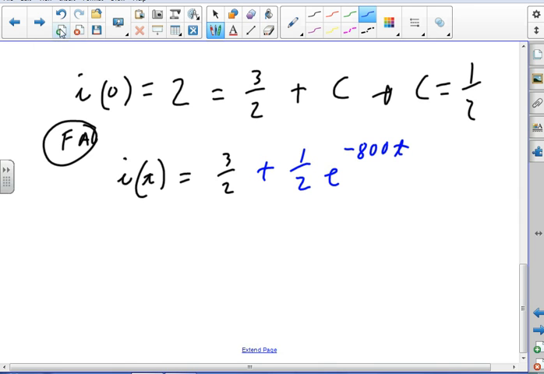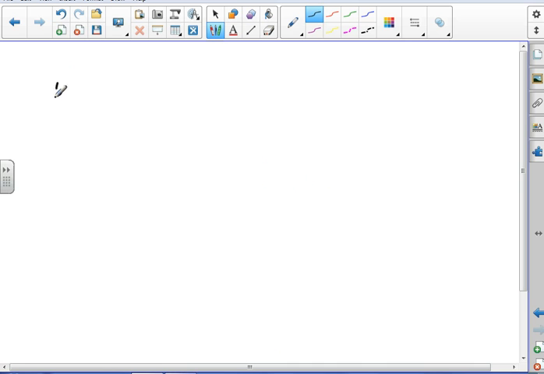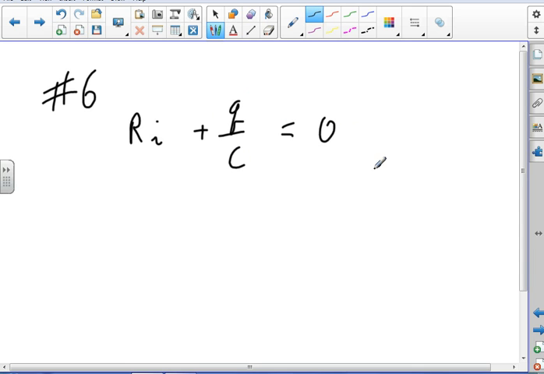Number 6. I have a capacitor with initial charge. So the only thing I know is that that equation is correct, and I is dq dt.